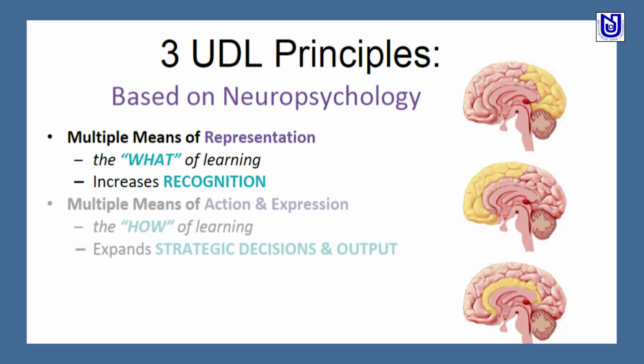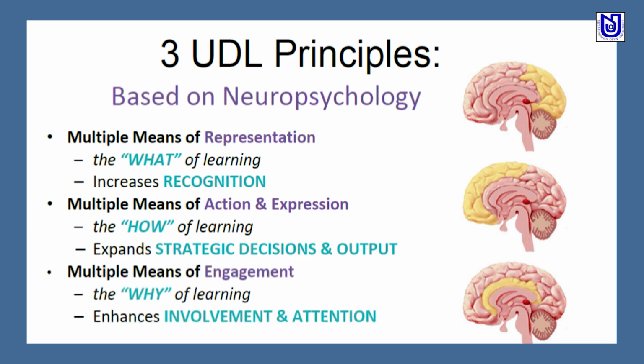Second is multiple means of action and expression, which is the how of learning and expands strategic decisions and outputs. And third is multiple means of engagement, that is the why of learning, which enhances involvement and attention.